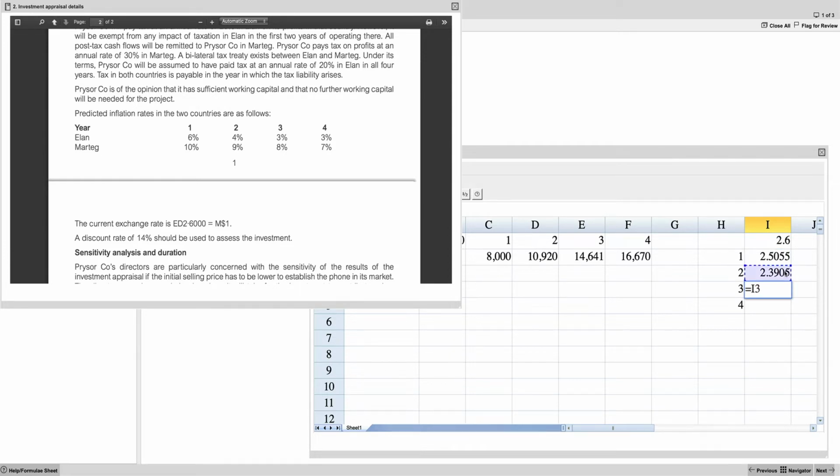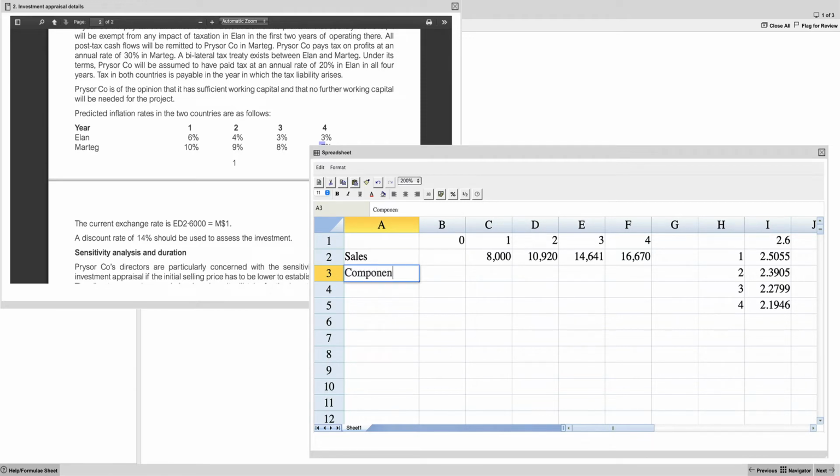Then that's the exchange rate at the moment, times 1.03, divided by 1 point the inflation rate in the base country, 1.08. So we're just using purchasing power parity, counter base. Get the counter currency, times it by 1 point the inflation in the counter currency land, 3, and divide it by 1.07, the inflation in the base country, Marteg. So now we know all of them, we can work out the component cost.